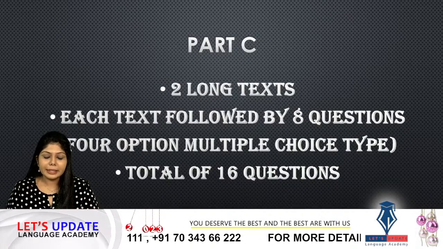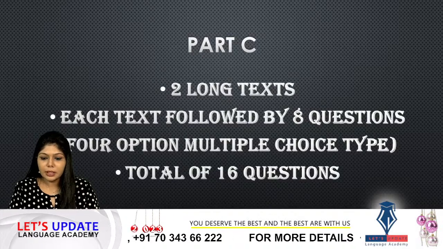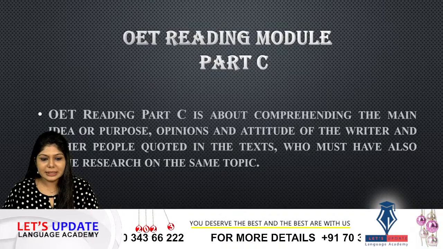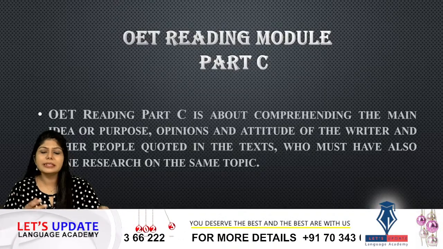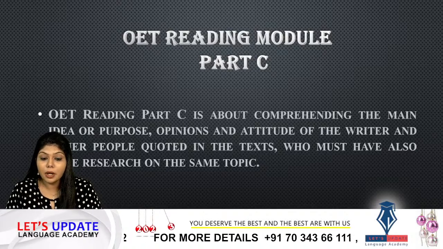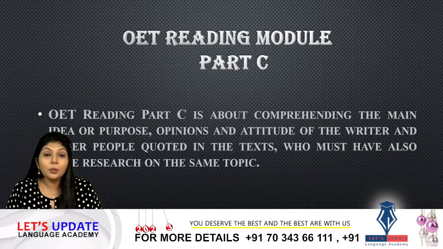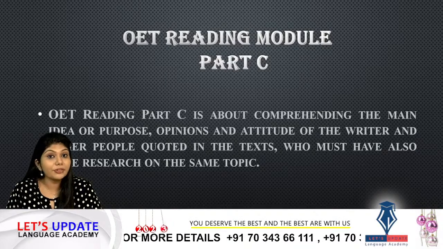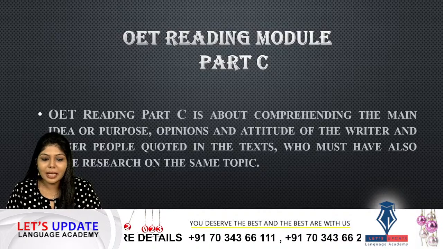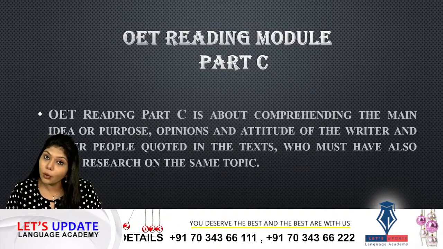Talking about OET reading module part C, basically part C is about comprehending the main idea or purpose or opinions and attitude of the writer or the author or the narrator and other people quoted in the text.